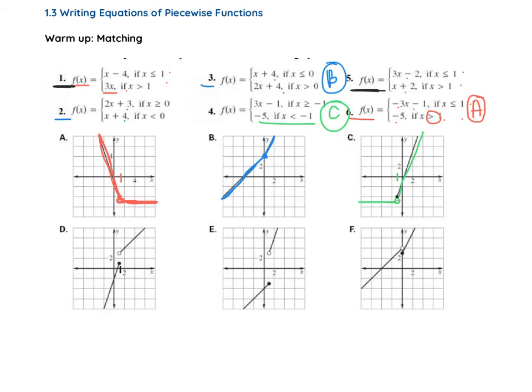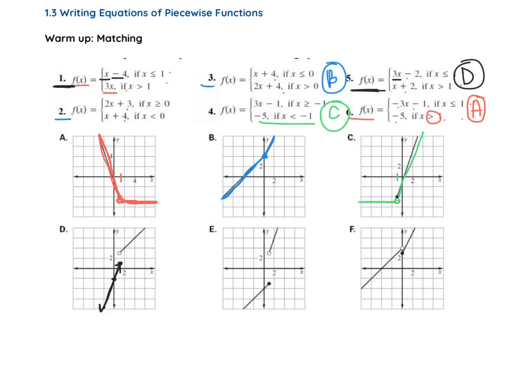The first function, where x is less than or equal to 1, should have a positive slope, and there's a positive slope here. The next thing we can look at is the y-intercept, or where it transformed up or down. This one went down 4, but this only went down 2. So D must match with number 5.